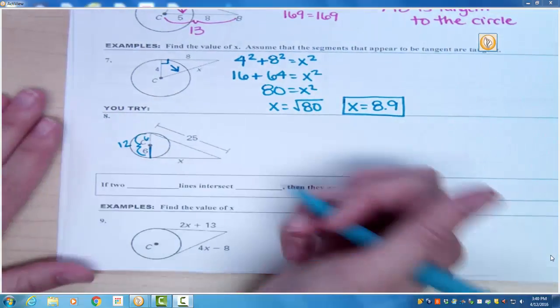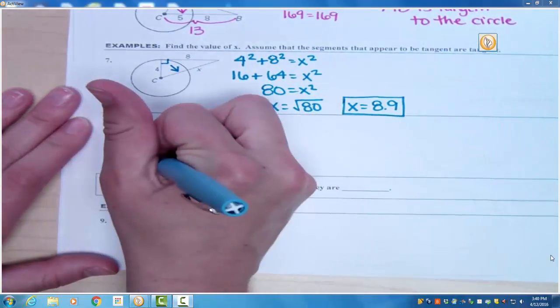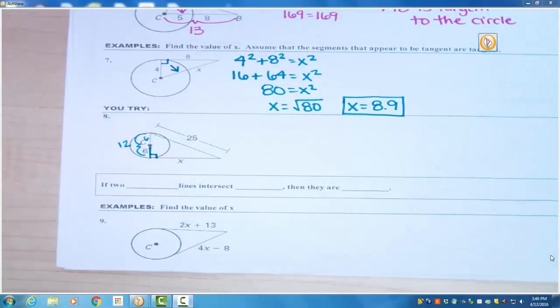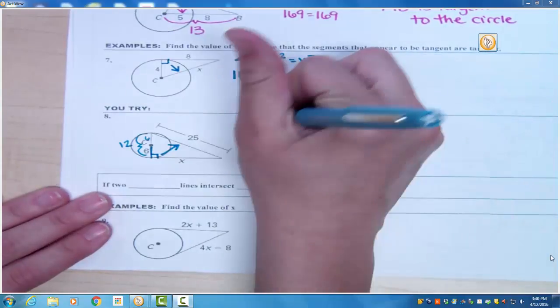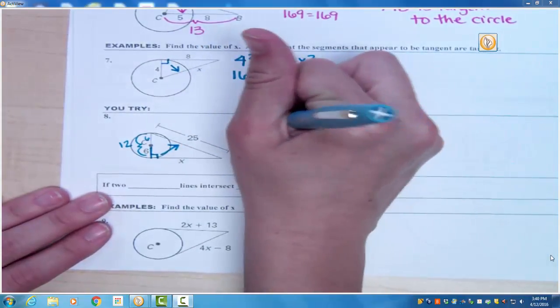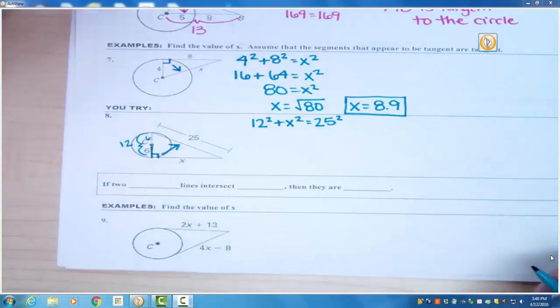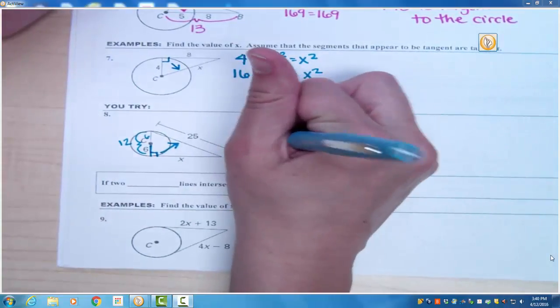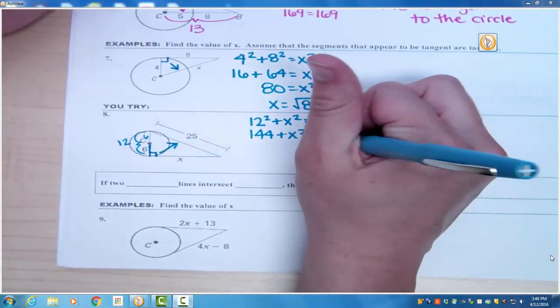All right, so we have, if this side's 12, this side is x, that side is 25. In order for this to be a tangent, that must be a right angle there, which means that 25 will be my hypotenuse. So 12 squared plus x squared equals 25 squared. 12 squared is 144 plus x squared, and 25 squared is 625.